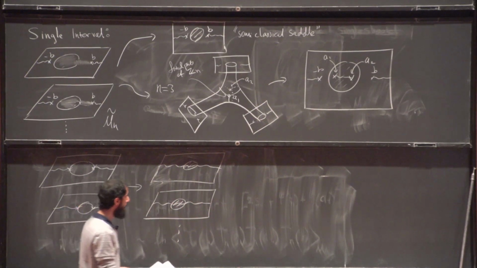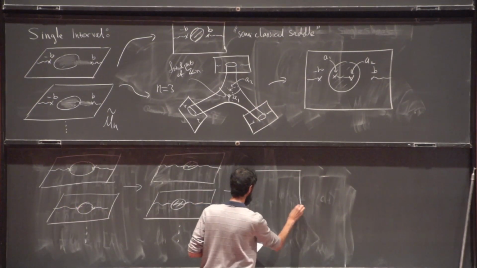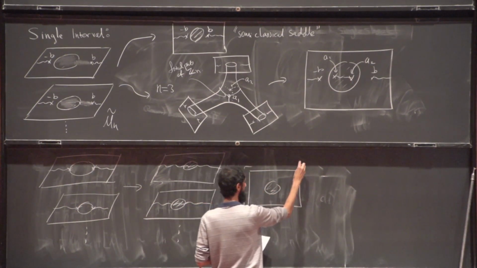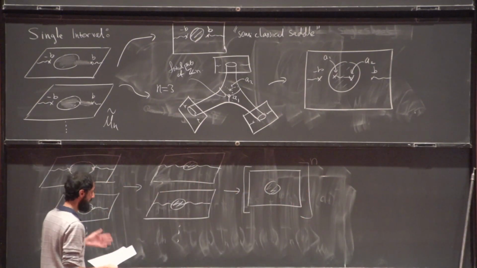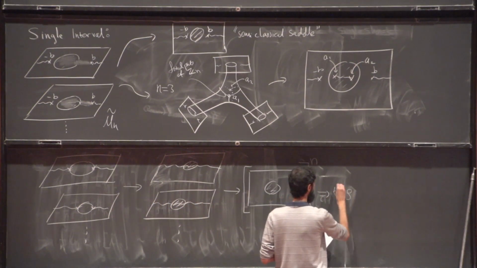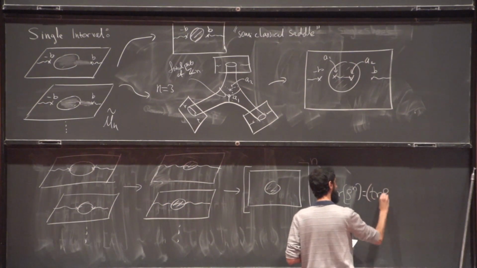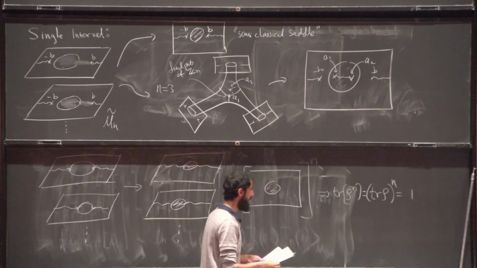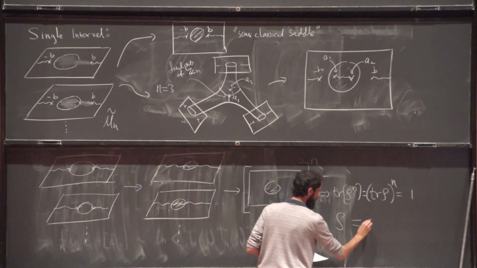This means that this thing is equal to simply the semi-classical Hartle-Hawking state to the power of n, implying that trace rho to the n is equal to 1, and therefore the entropy is equal to 0.